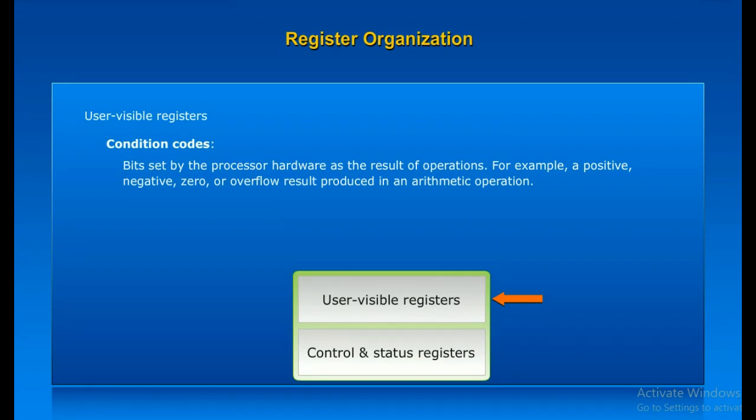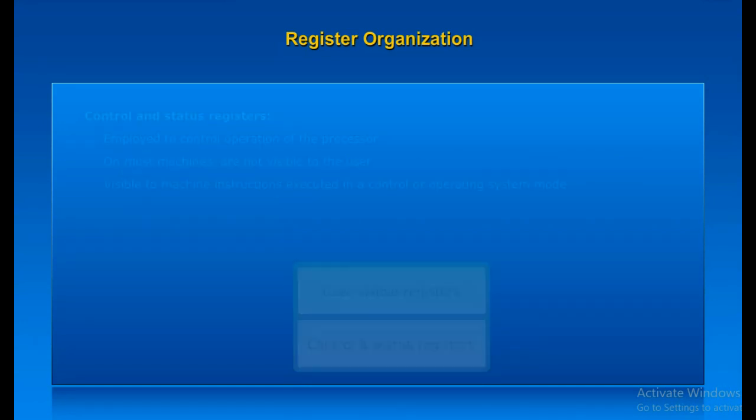Condition codes are bits set by the processor hardware as a result of operations. For example, an arithmetic operation may produce a positive, negative, zero, or overflow result. In addition to the result itself being stored in a register or memory, a condition code is also set. The code may subsequently be tested as part of a conditional branch operation.